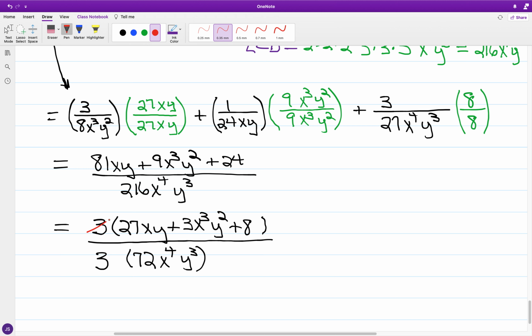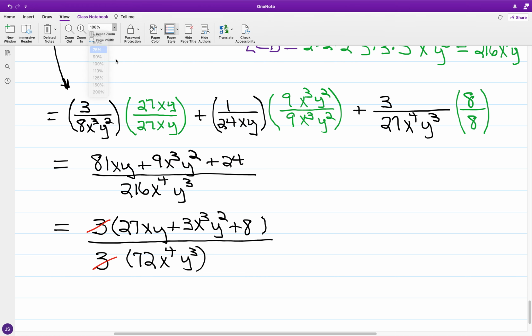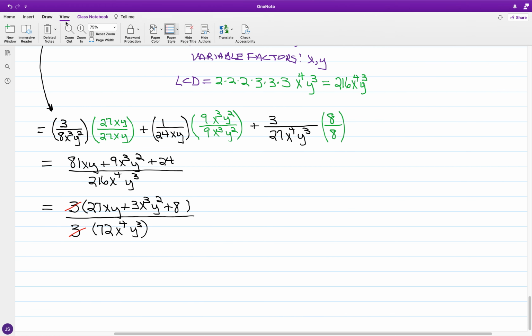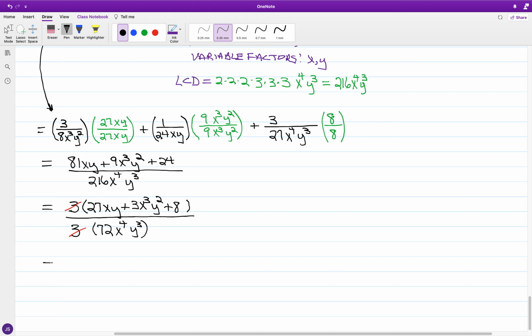So we have 3 over 3, 3 at the top, 3 at the bottom. And so for your final result, you have 27xy plus 3x cubed y squared plus 8, and we have all over 72 x to the 4th times y to the 3rd.